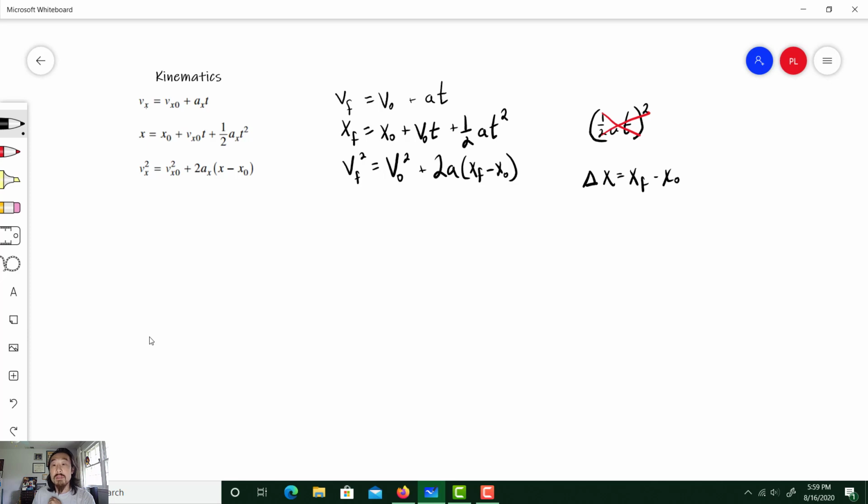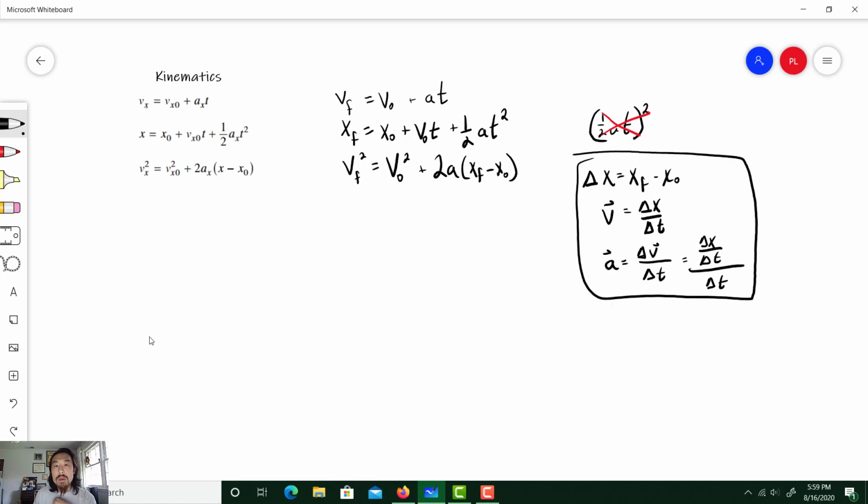And we did the velocity equation. We said the velocity is the displacement over time. And we also said that the acceleration is equal to the change in velocity over the change in time. Okay, and we also rewrote this to be the displacement over time, all over time, right? So with these equations, we could come up with these three equations.